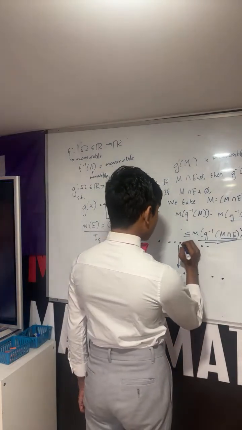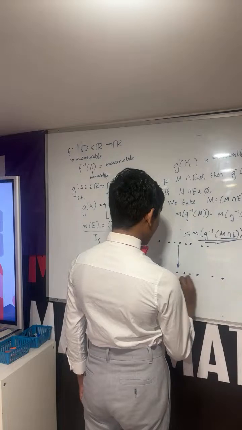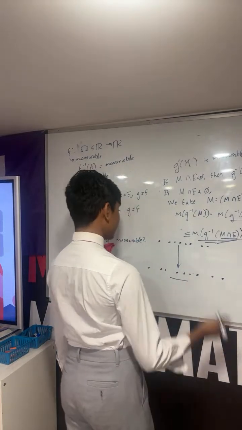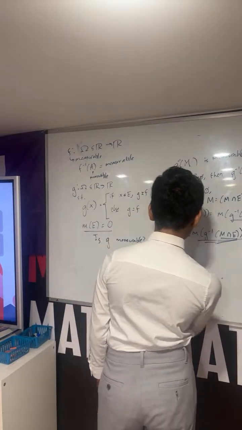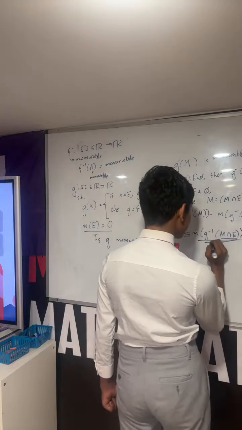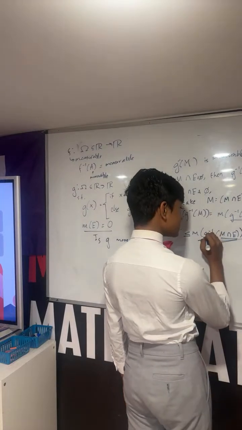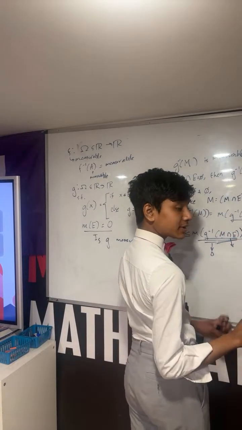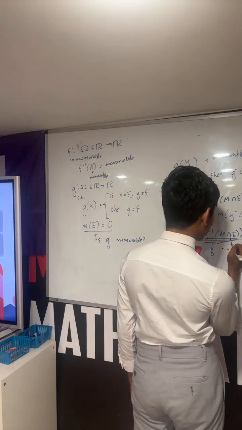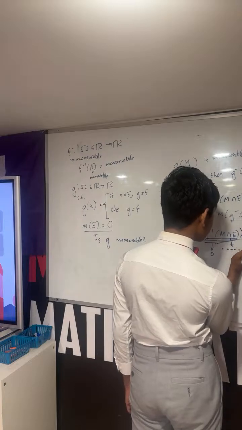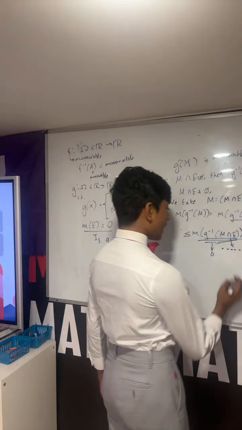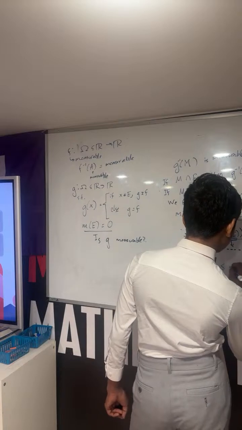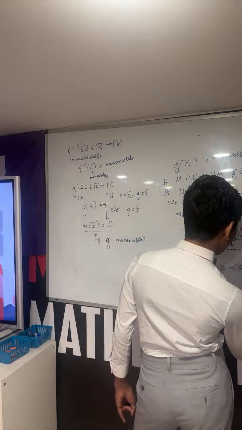So that means that it's not going to map it to anything with positive measure or any measure at all. So the measure of this is going to be 0 because this necessarily has to be one of those singleton sets, a set of just disjoint points. So that means that this is less than or equal to the measure of f inverse of M without E.